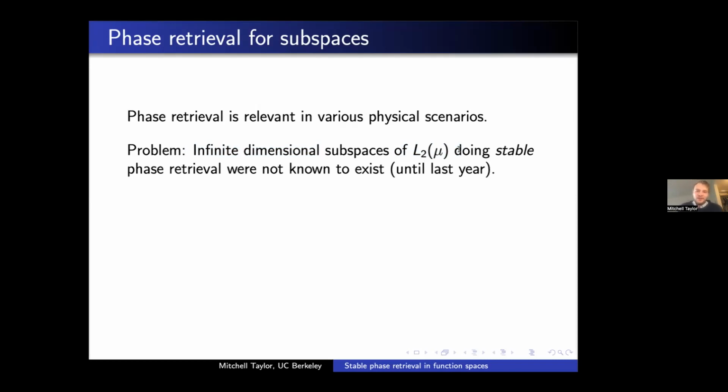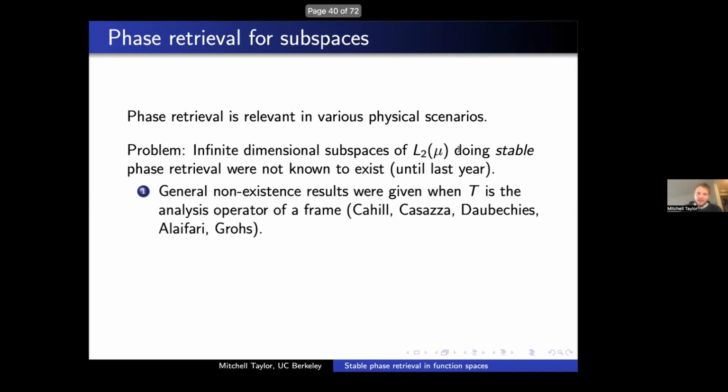Last year is when the study of infinite dimensional stability was first shown to be possible. The study of finite dimensional subspaces doing stable phase retrieval is very well studied, and there are many very interesting results in that direction, but I won't comment on those too much. But the problem of infinite dimensional subspaces doing SPR was generally believed to be not possible.